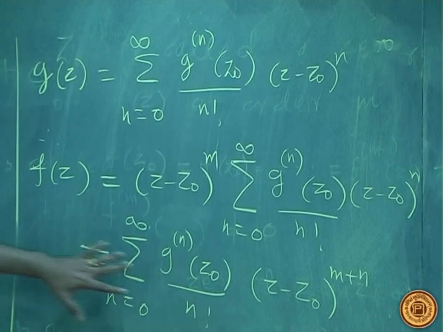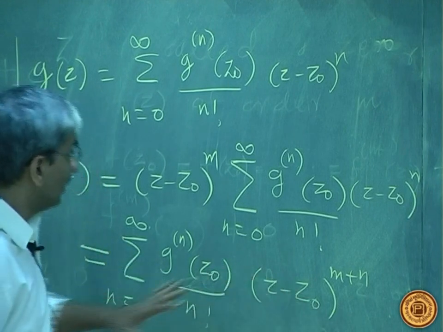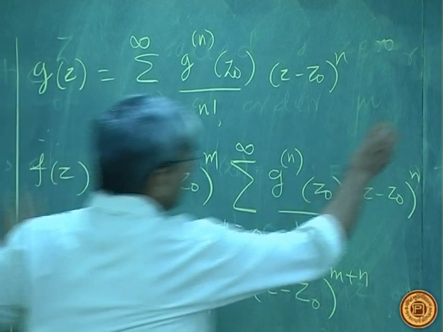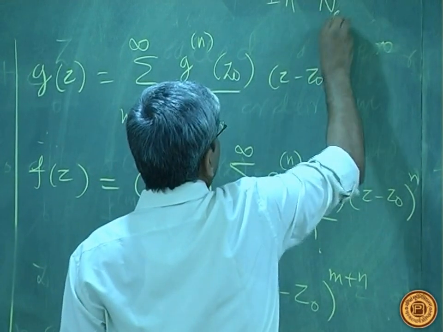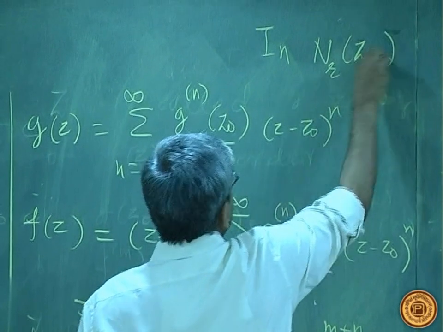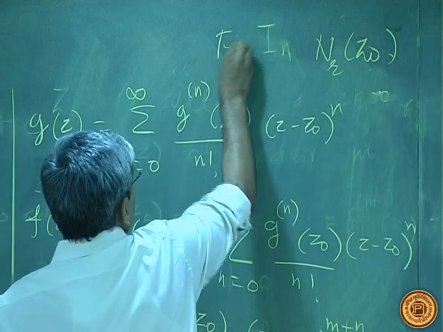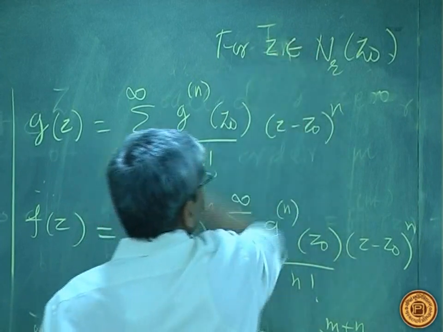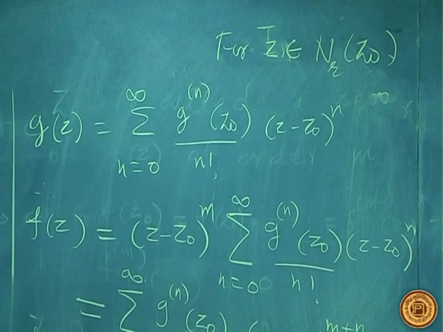Remember, these are constants and these are powers of Z minus Z naught. This all happens in some neighborhood of Z naught, so for Z belonging to this, all this happens.